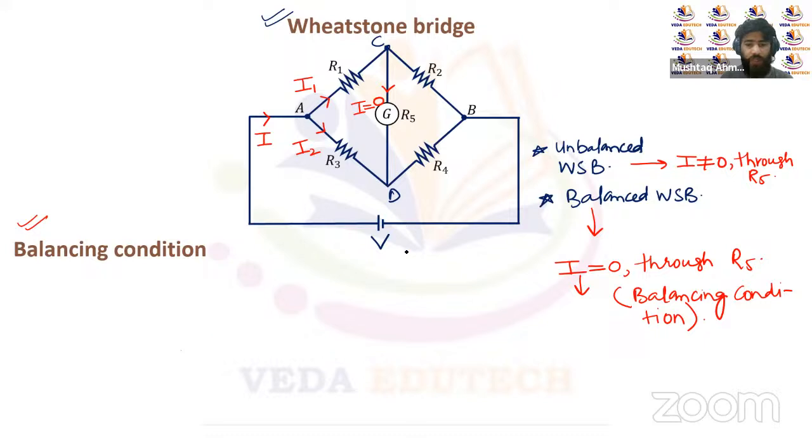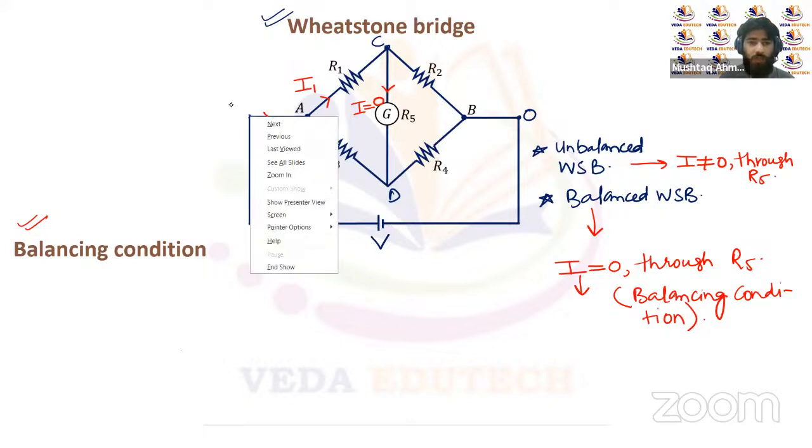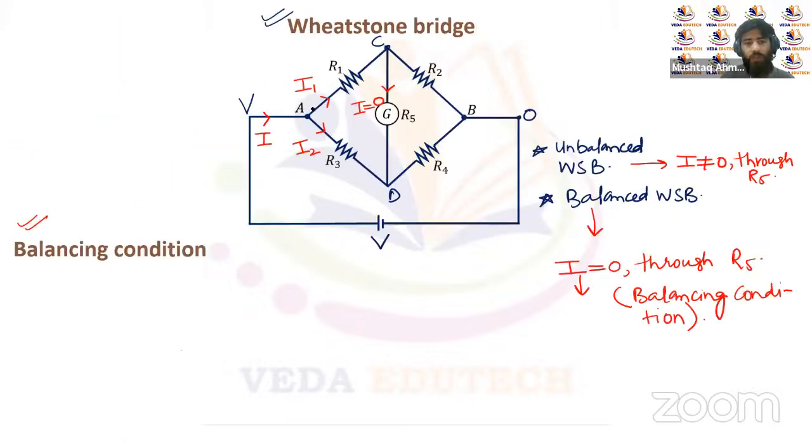What we can do is assume that the potential at this point is zero. If the potential at this point is zero, the whole voltage supplied by this battery will be at this other point, equal to V. So the potential at point A will be equal to V, and the potential at point B will be equal to 0, right?